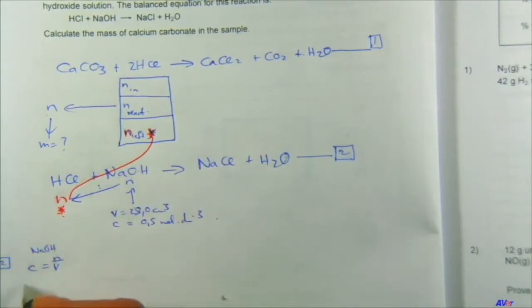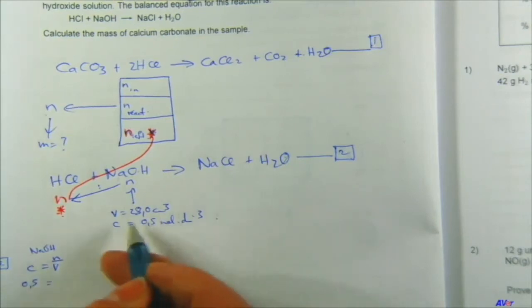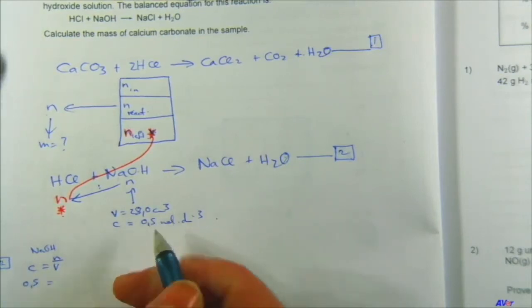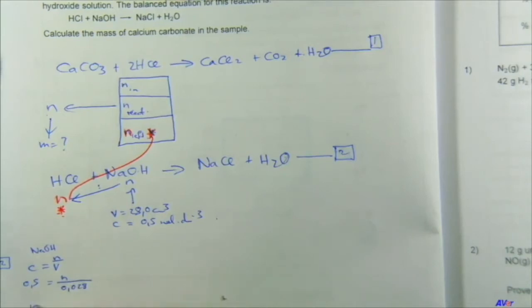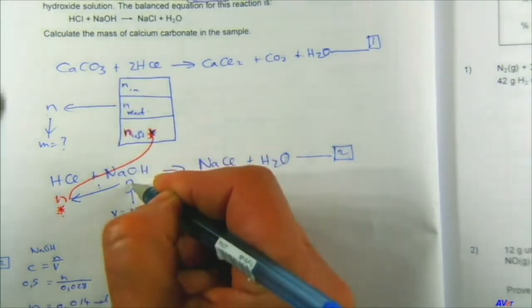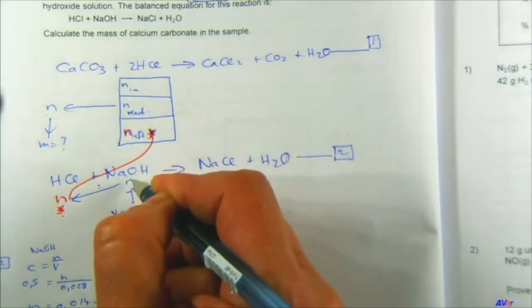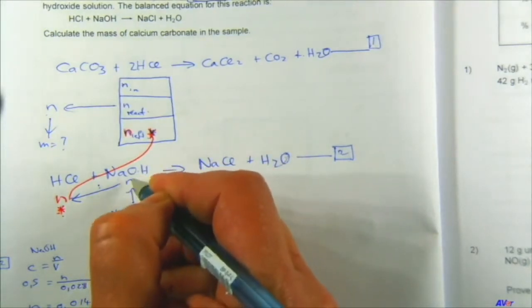The concentration is 0.5. Volume, just watch out, that was cubic centimeters. How do I go to cubic decimeters? Divide by 1,000. So that will be 0.028. So then the moles is 0.014 moles of NaOH. I know how many moles of base was used in the titration.